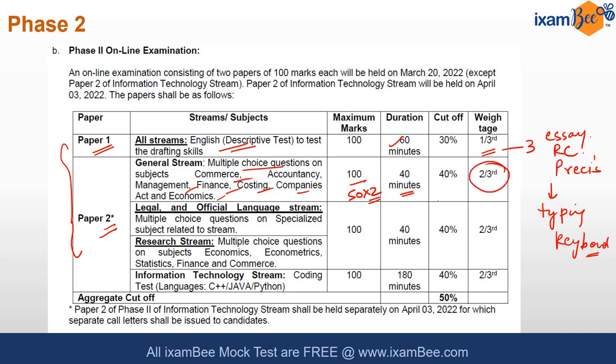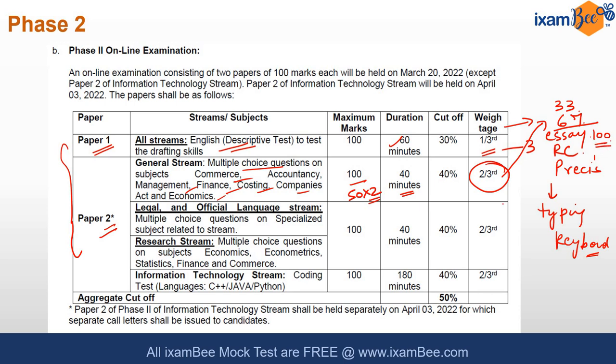Now what I mean by this is, say for example you get 100 marks in paper 1, then this will be scaled down to 1/3, and it will be taken as approximately 33. Say on the other hand you get 100 marks in paper 2, then 2/3 of that will be taken, around 67, and a total of 100 will be arrived.